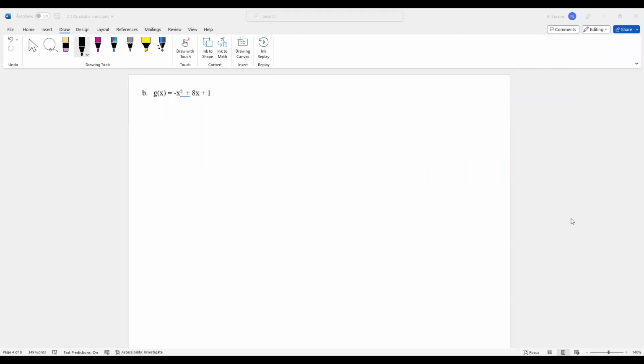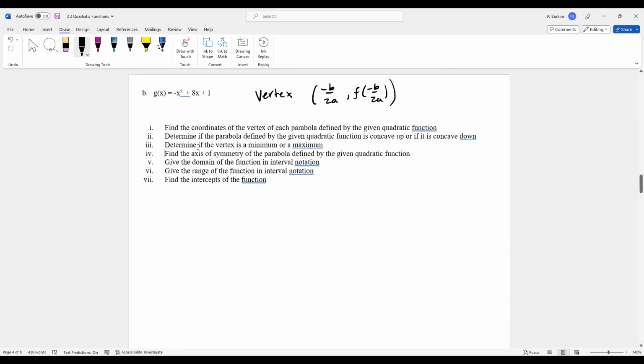All right, for our second example, this time we are not in the a(x minus h) squared plus k form. So instead, we need to find our vertex by the formula minus b over 2a, f of minus b over 2a. Okay, so find the coordinates of the vertex of the parabola.